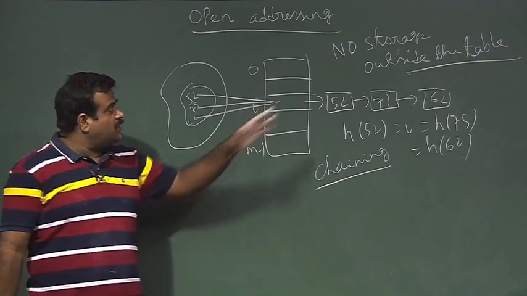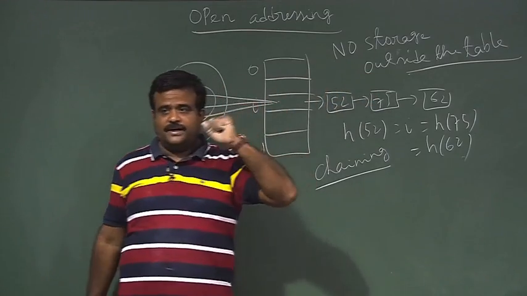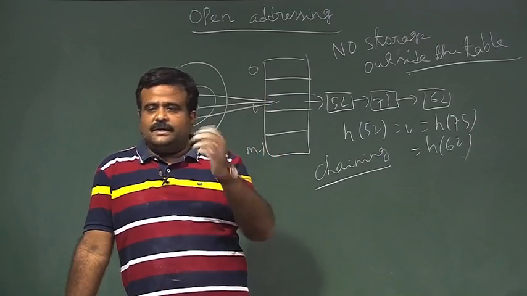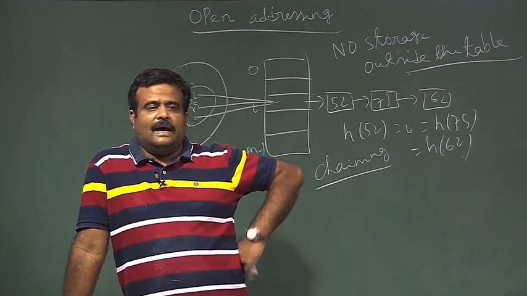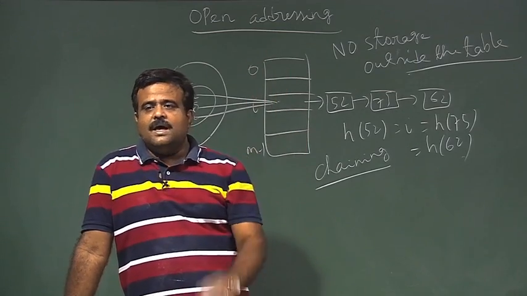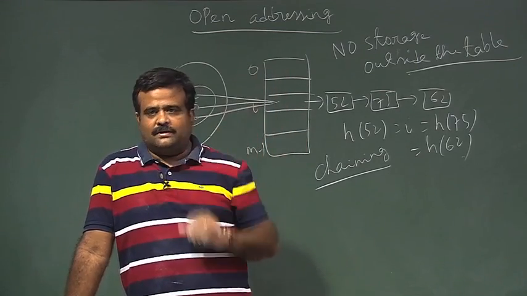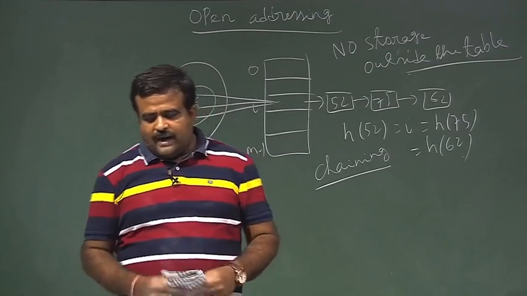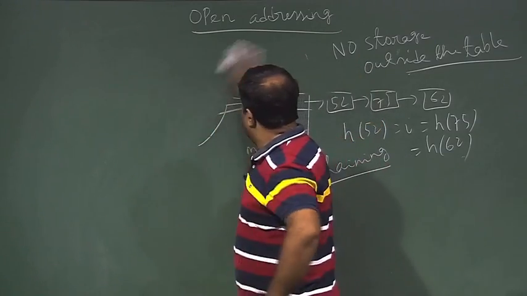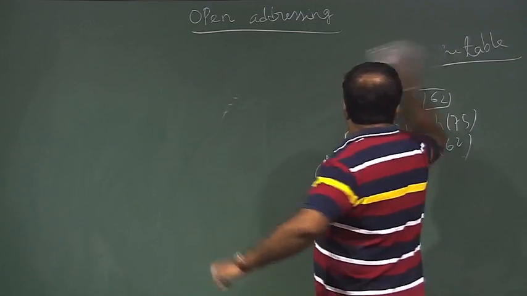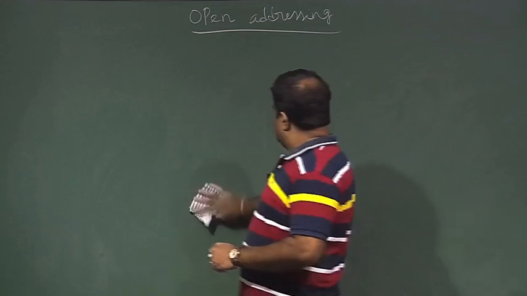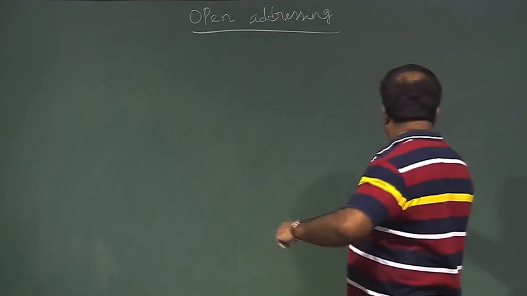Everything we have to do in the table. We have a table or array of size m, 0 to m minus 1, and everything has to be done there. That problem we have to address by open addressing. For chaining, we need a linked list outside the table, but that is not allowed here.